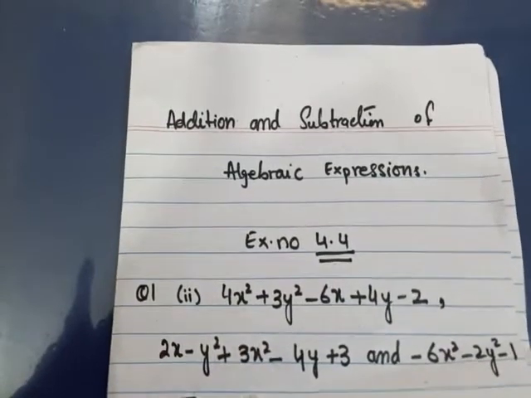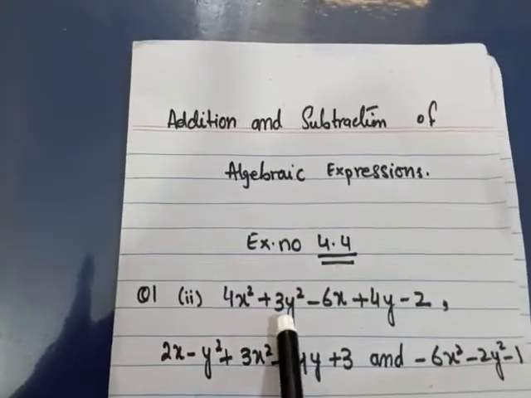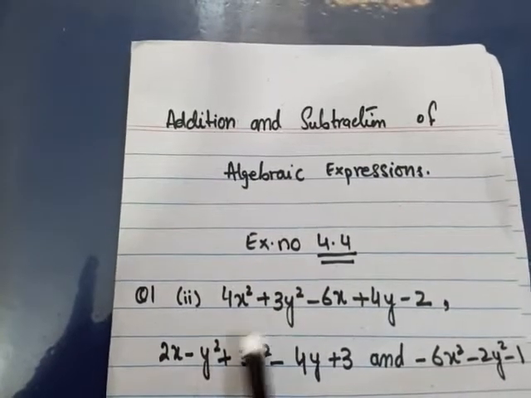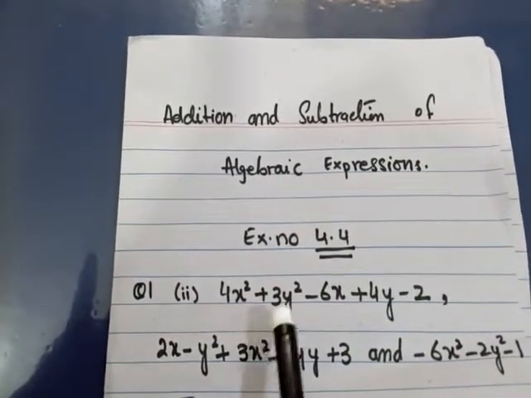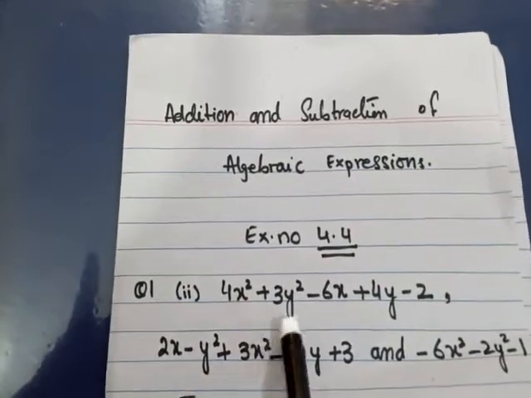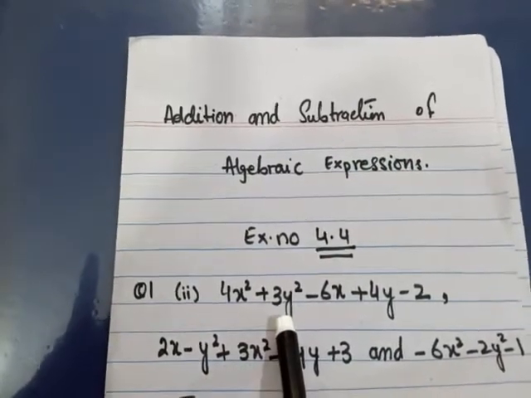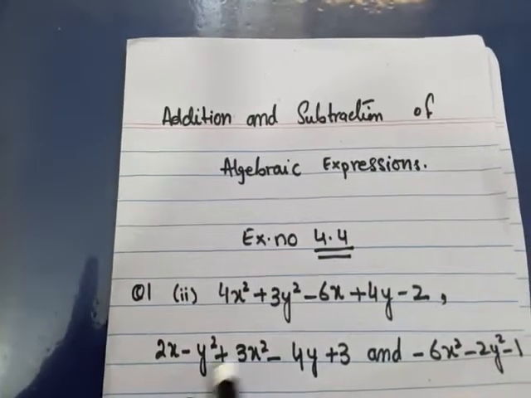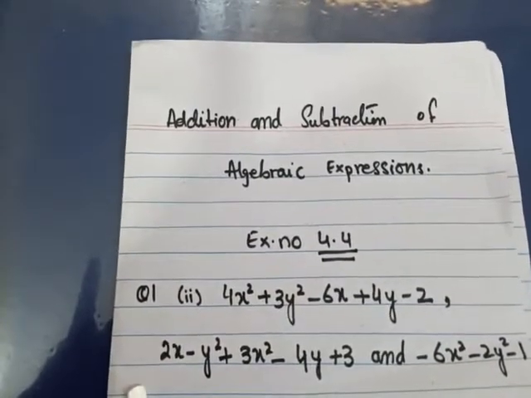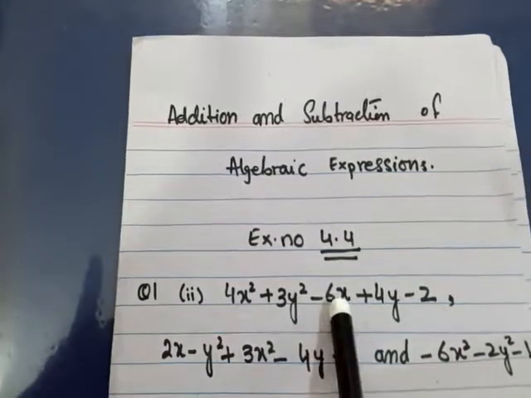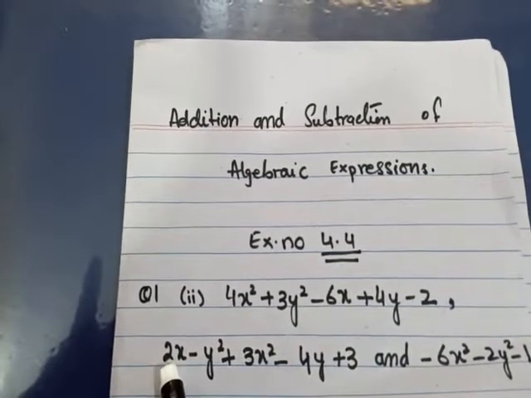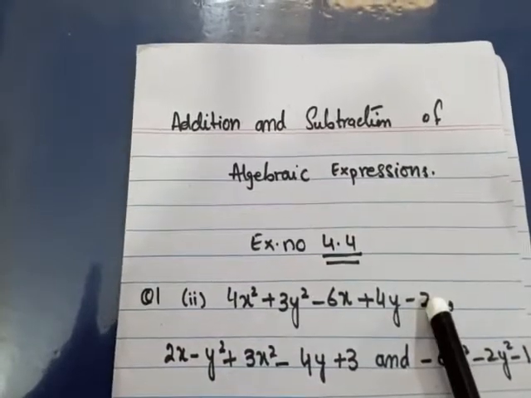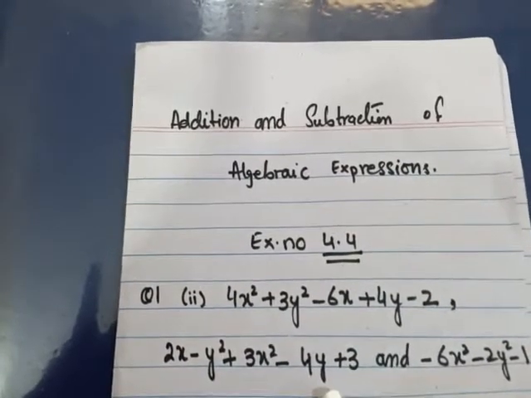Besides these, we have another pair of like terms, 3y squared and y squared, which again have the same variable and same power. 6x and 2x are like terms too, and the constant is like the constant.